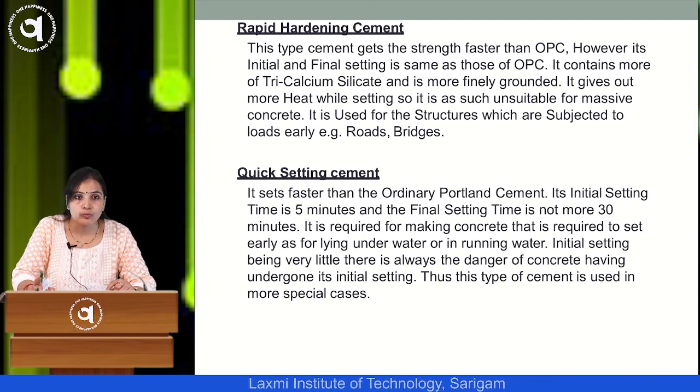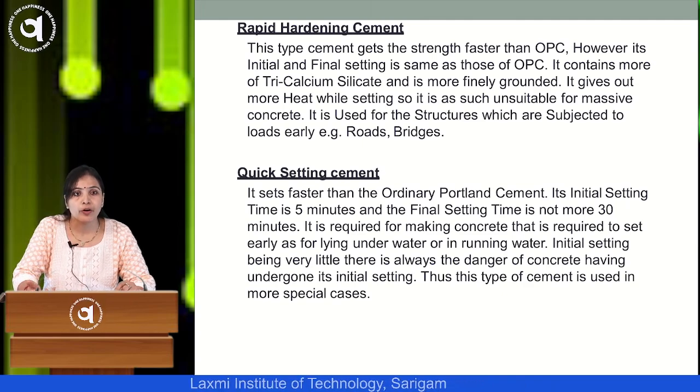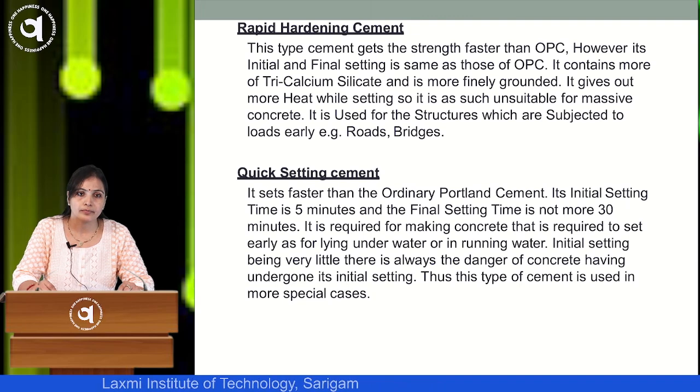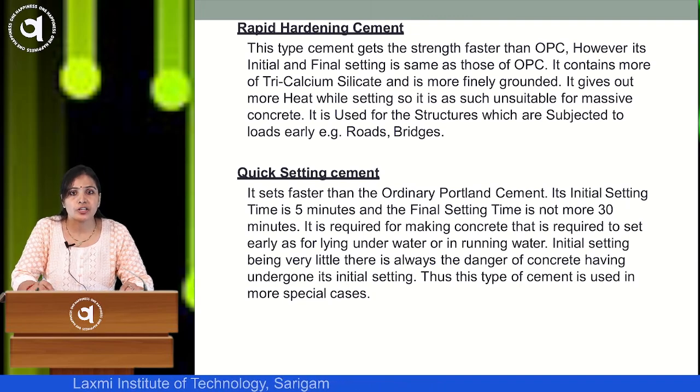While fineness is more, specific surface area is more, then it gives more heat during hydration and setting, so it is unsuitable for massive concrete. It is used for structures subjected to load early, such as roads or bridges, but we cannot use rapid hardening cement for dam construction.